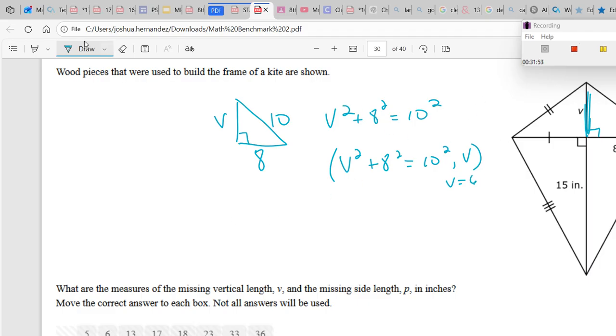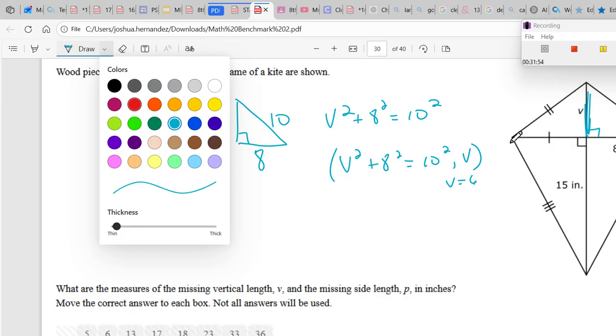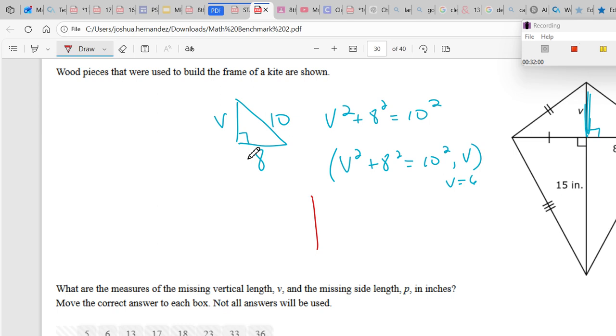Now let's see this over here. I'll do it in a different color. P here, 8 here, right angle here. We know this one, that's 15. So the numbers are 15 and 8. Then we're looking for the Pythagorean theorem: 8 squared plus 15 squared equals P squared.